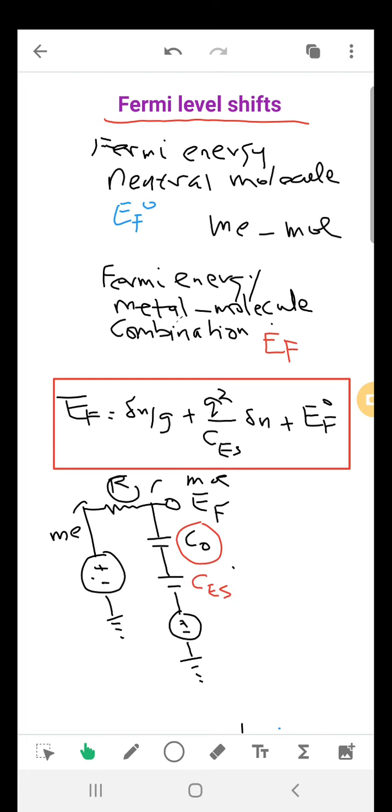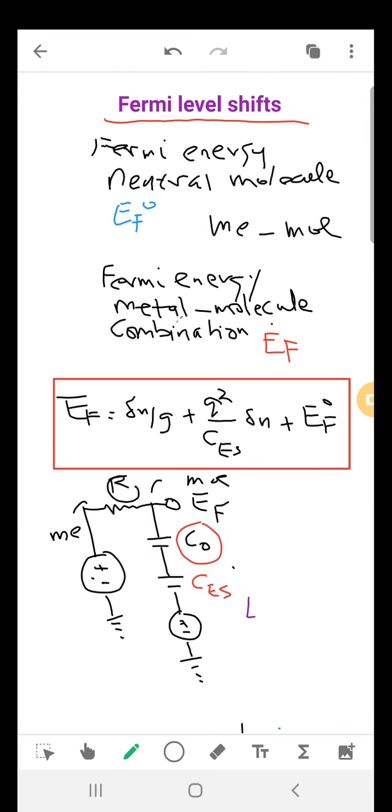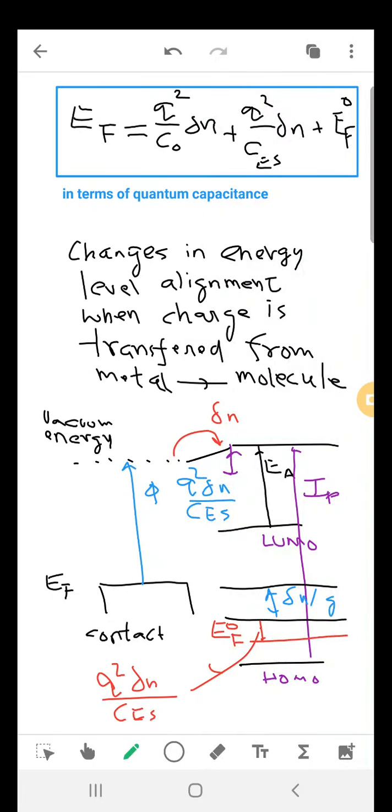That is an equivalent circuit signifying the contact. Now, you can also express the Fermi energy in terms of the quantum conductance. That is, EF is equal to Q square by quantum conductance into delta N, plus Q square by electronic conductance into delta N, plus EF0.